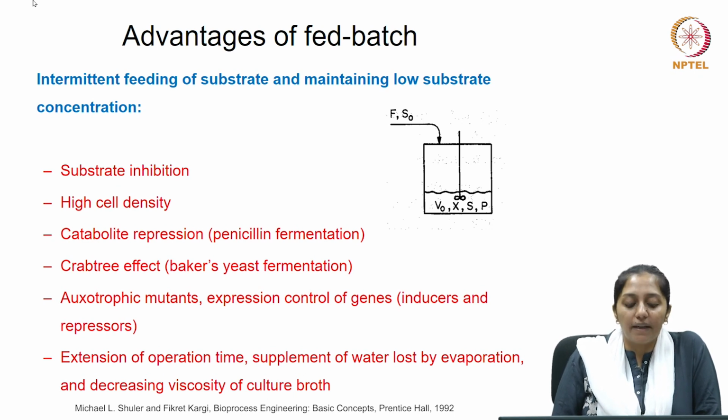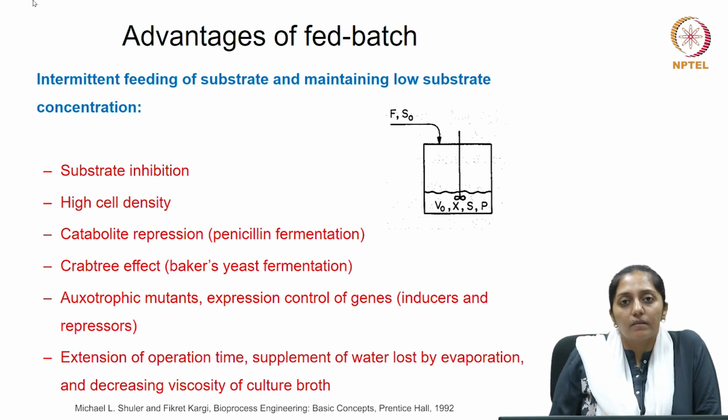Then the Crabtree effect is another limitation in a baker's yeast process where maximizing the biomass is the objective. However, because of the large amount of glucose present, it may start taking up substrate level phosphorylation for energy generation.